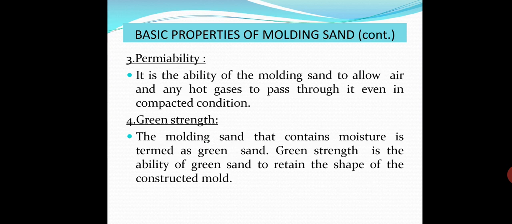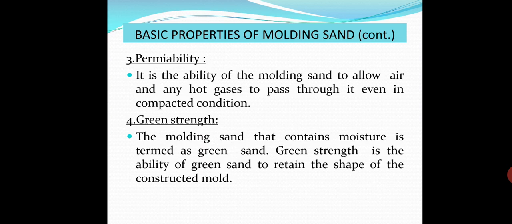Next is permeability. Permeability is the ability to allow air and hot gases to pass through it. A permeable surface has pores so that hot gas, air or moisture can evacuate. They can pass through the surface.